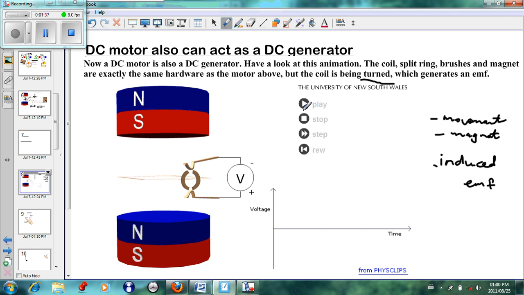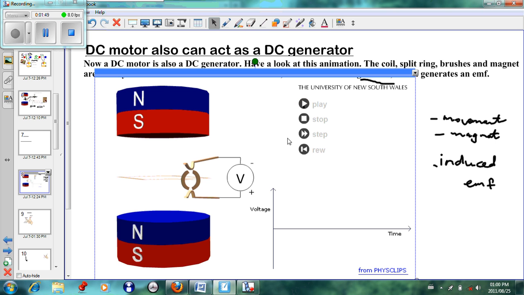I will just play this animation and we'll see that the voltage is only in the first quadrant. It doesn't go down in the second quadrant. If I play this animation, we'll see that that is exactly what happens. There we have it going. And again, when the coil is closest to the magnet, when it is in line, we get maximum EMF.